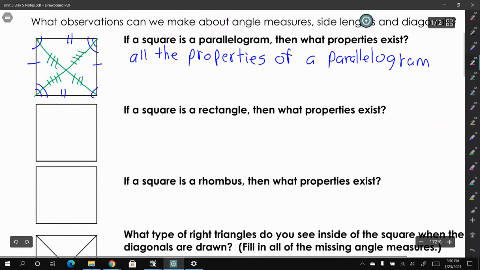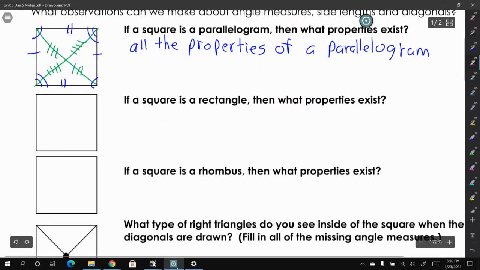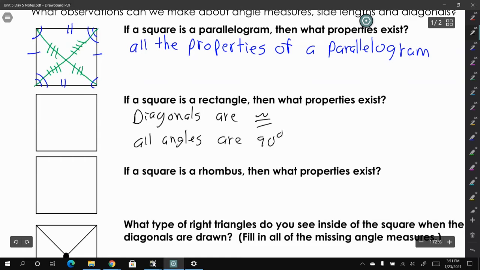Now, if a square is a rectangle, what properties exist? There aren't that many additional ones. It's that the diagonals are congruent and all angles are 90 degrees.